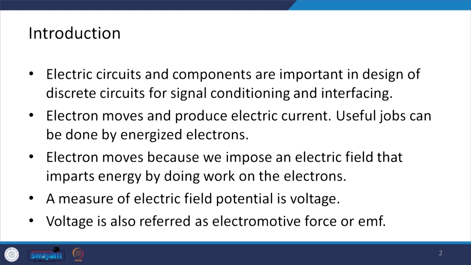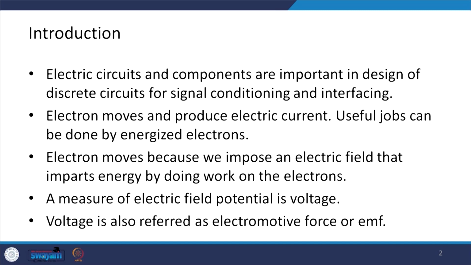Now, we all know from our basic knowledge of physics that electrons move and produce electric current, and useful work can be done by these energized electrons. And why does the electron move?